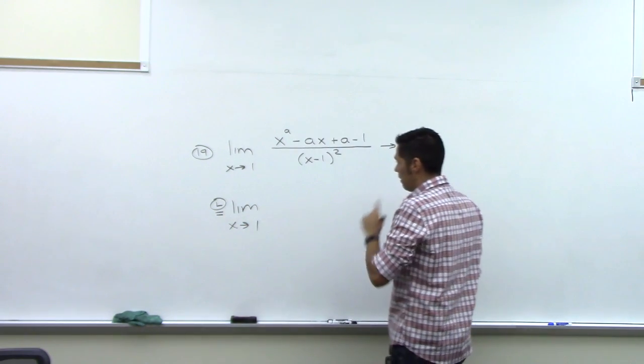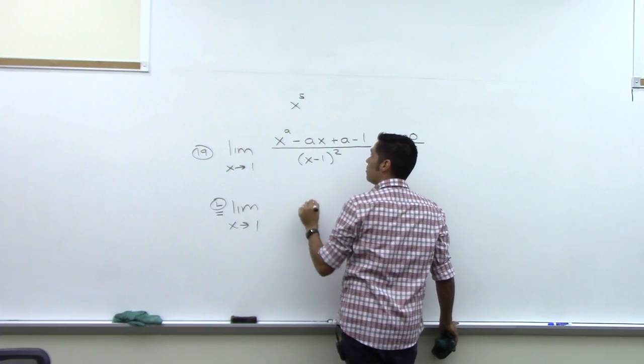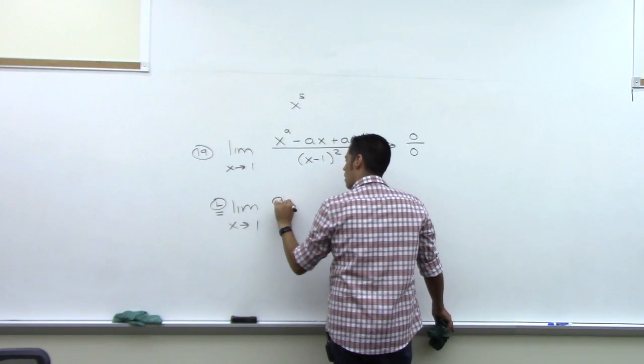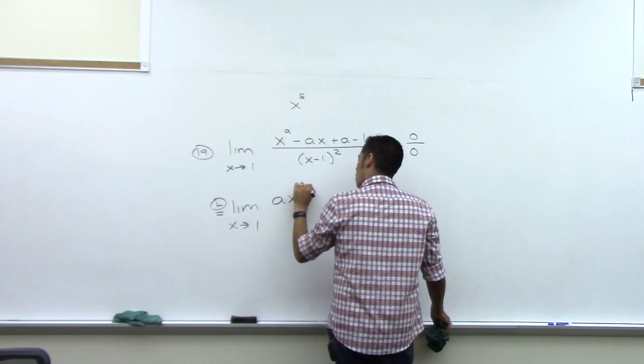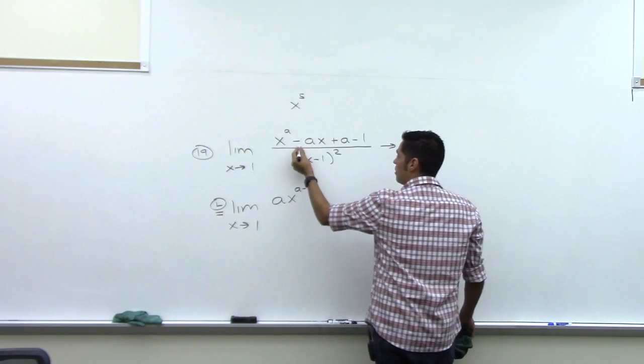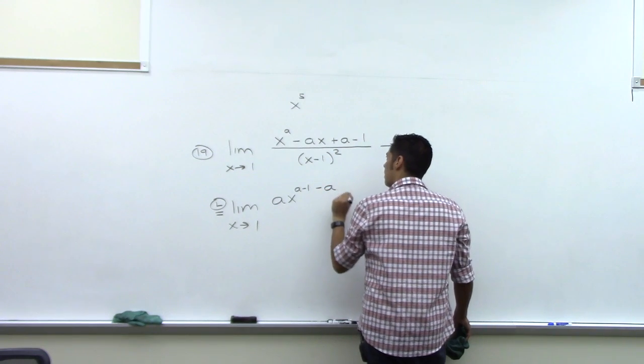Derivative of the top. Well, this is x to a power, like x to the 5th. We use the power rule. 5 comes out, so here a comes out. x to the a minus 1. I don't know what a is, so that's the way I have to write it. Minus the derivative of a times x, which is just minus a.